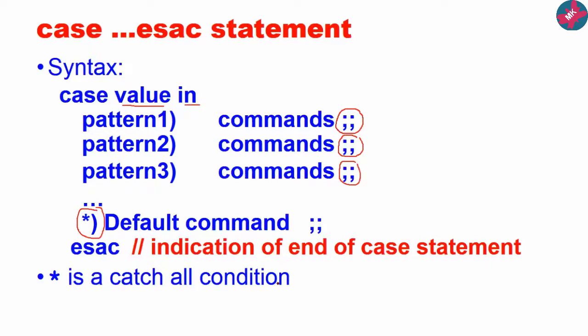If none of the patterns satisfy your value, then by default this will be executed. And the end of the case statement is esac. How to remember this? Just reverse it. Case is always terminated with esac, like our if was terminated with fi.